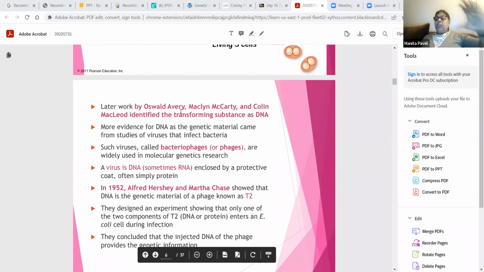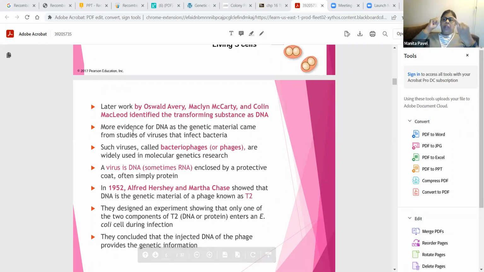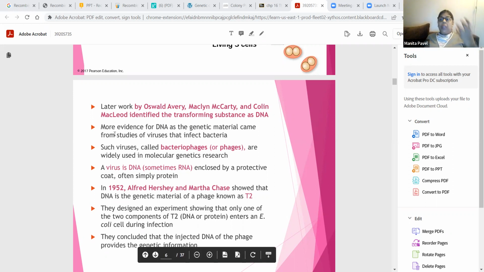So later, more scientists came by, Oswald Avery, Maclyn McCarty, and Colin MacLeod. I list them by their last names, Avery, MacLeod, and McCarty. They identified that DNA was the transforming substance. So they carried out experiments further to prove that it is DNA that is the transforming substance that caused the non-pathogenic strain to become pathogenic.